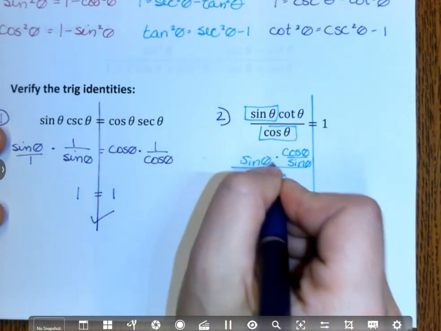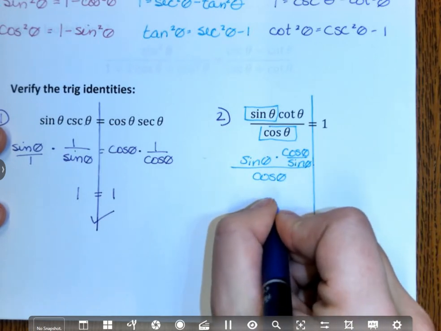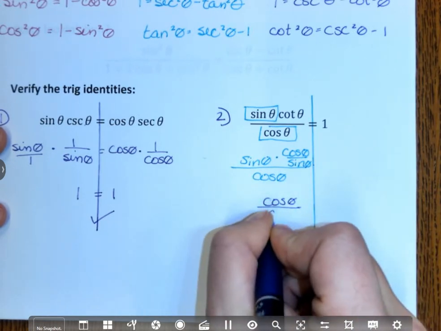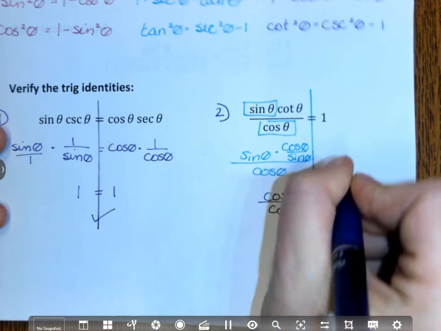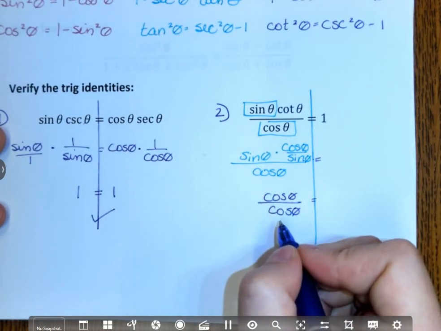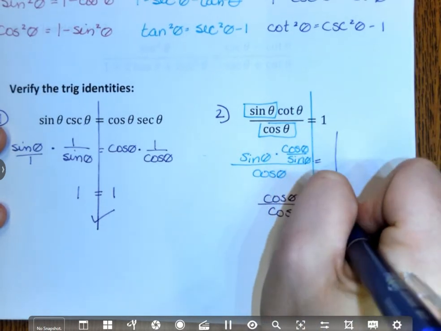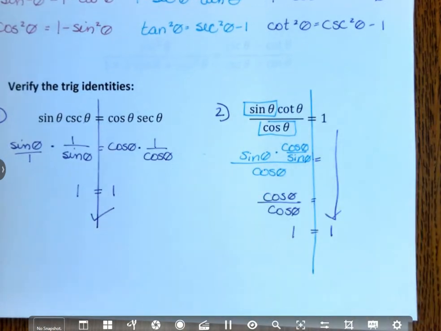Yeah, the sines would cancel each other out. They would simplify away. So now I will have cosine theta over cosine theta. You have to show that. And what is cosine over cosine? 1. And then just bring that guy down. Left side equals the right side. I've verified.